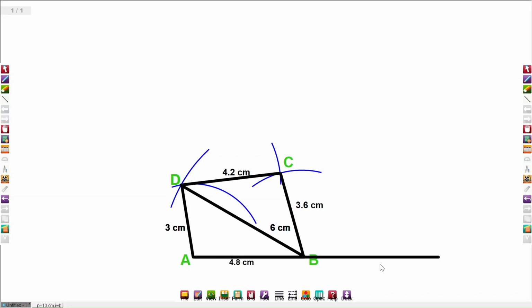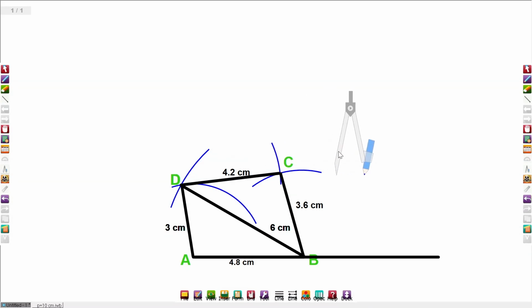That can happen if two triangles are having the same base BD and they occur between the parallel lines. If the base and height of the two triangles are equal, then the area of those two triangles are also equal.